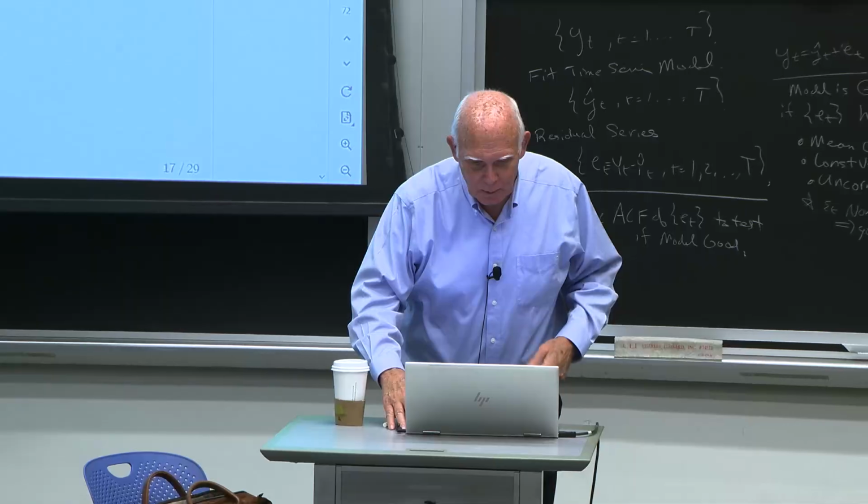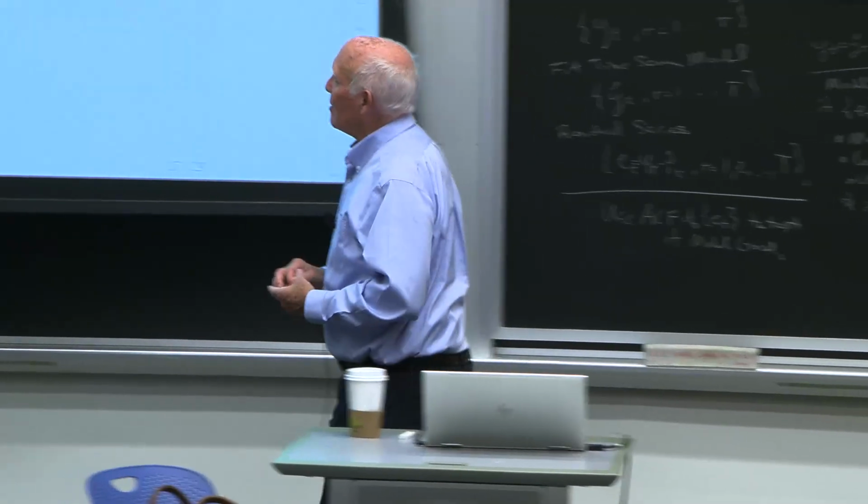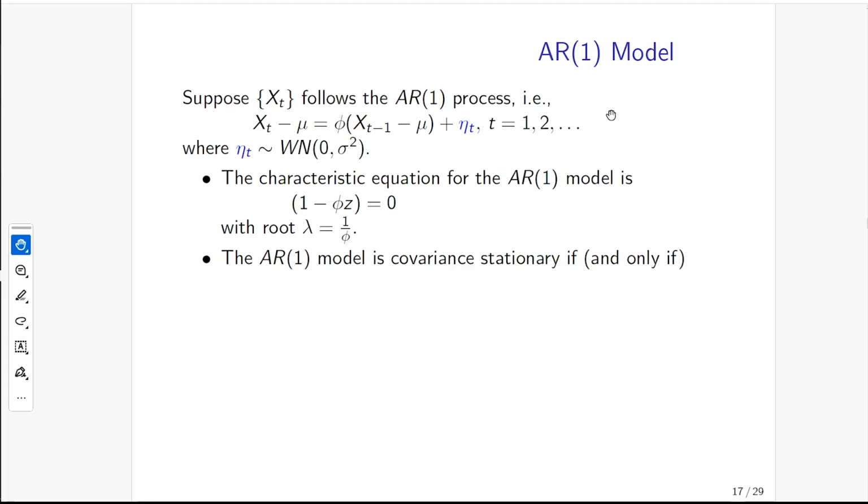Okay, so let's take a look at what this works out to be just for an autoregressive process with p equal to 1. With p equal to 1, our characteristic equation is simply 1 minus phi z equals 0. And so the root of that is clearly 1 over phi.